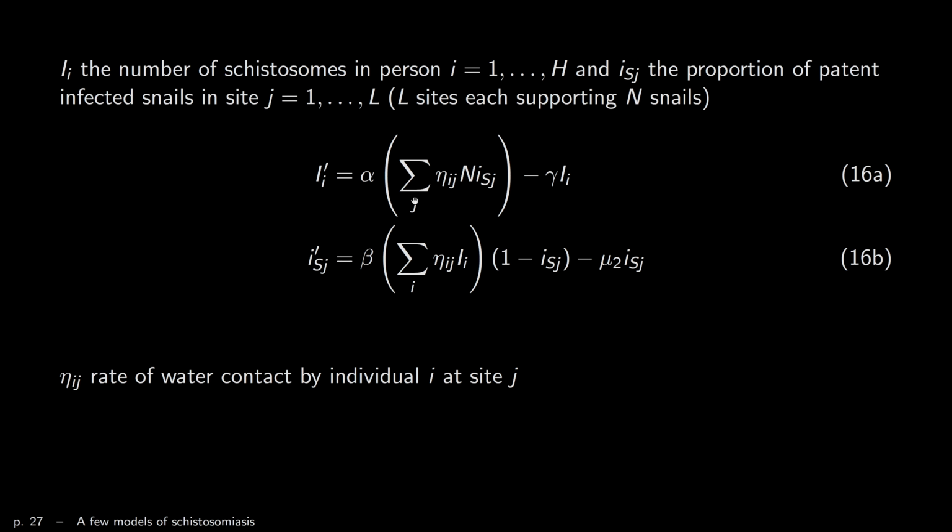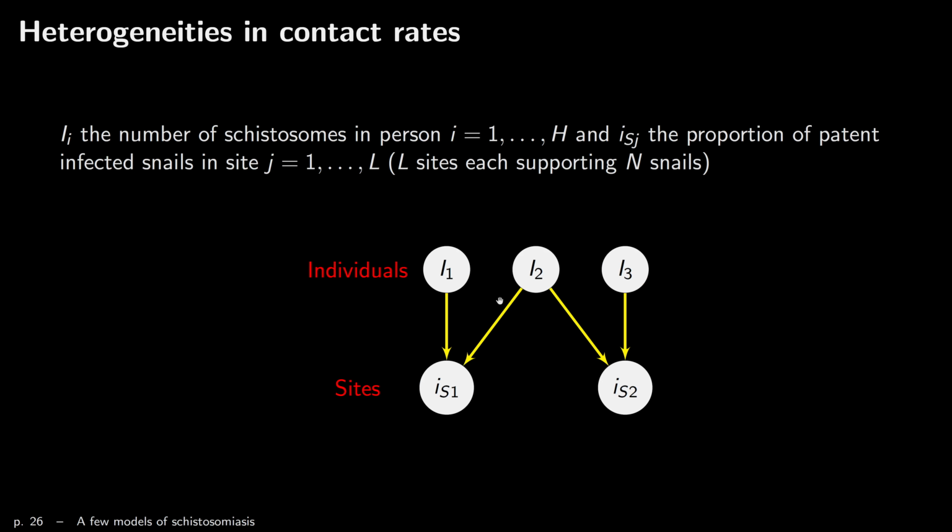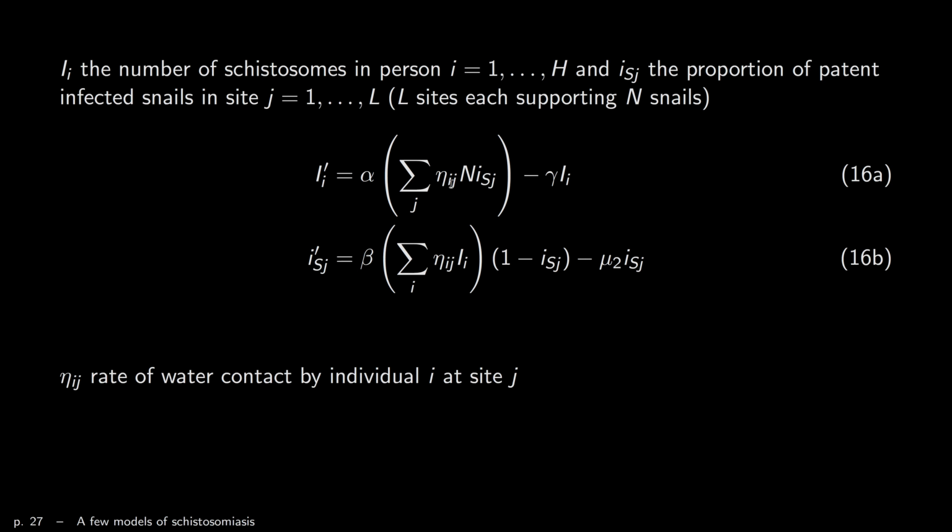So this is saying individual i goes to all the sites j from 1 to L. They might not go to all the sites. So if they don't go to a given site, suppose that in this case individual 1 goes to site 1, but not to site 2. That means that eta 1,2 is 0 in this case. Eta 1,1 has some positive value, while eta 1,2 is 0.